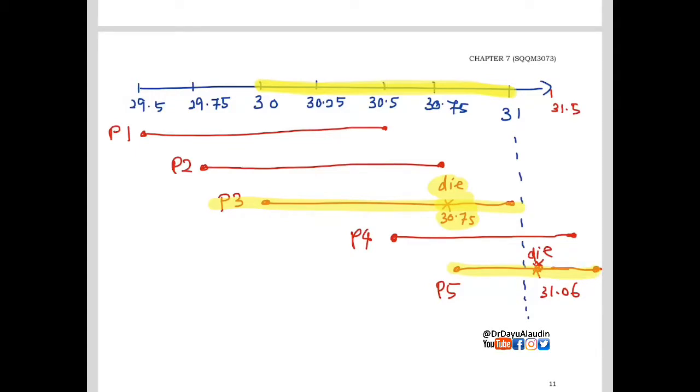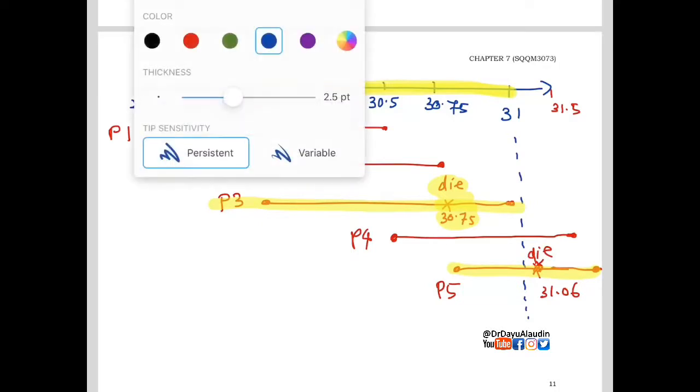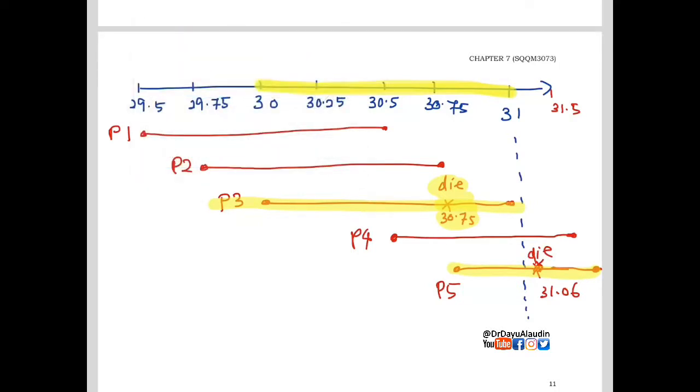However, person 5 died after the interval, at 31.06. So we exclude the data for person 5's death. So we just take into account person 3 because person 3 died within the interval of 30 and 31.